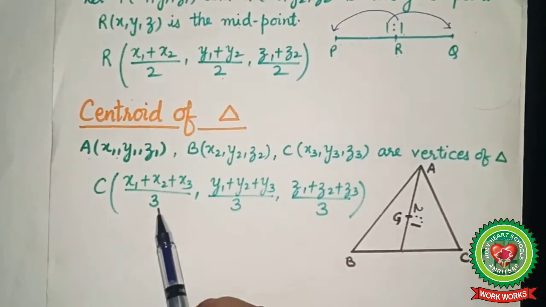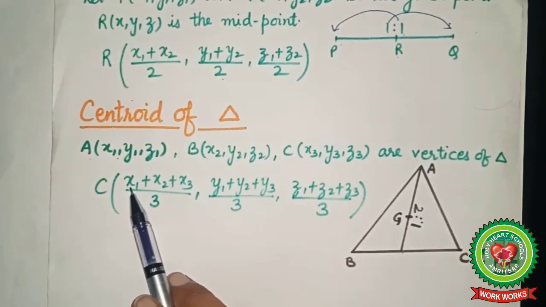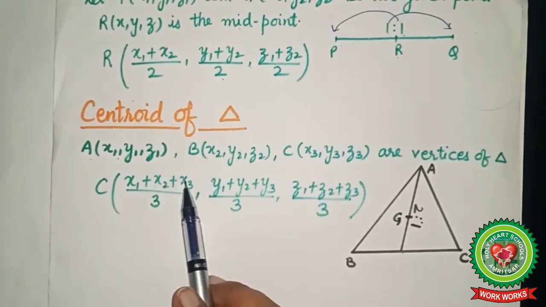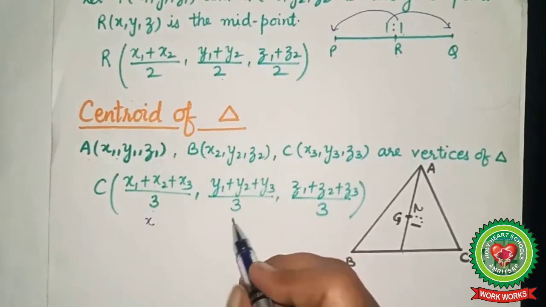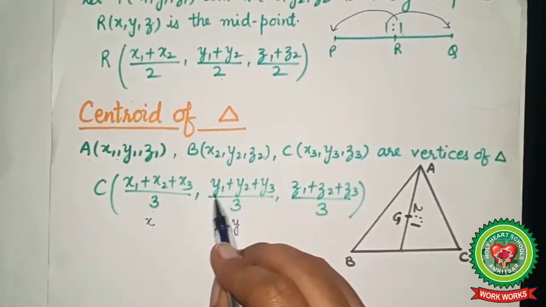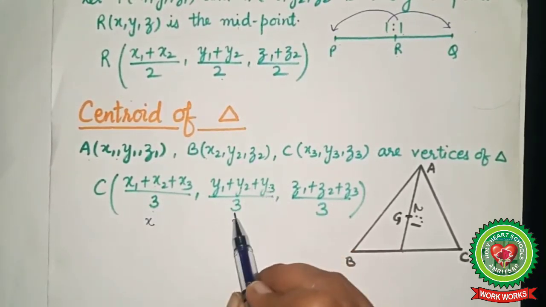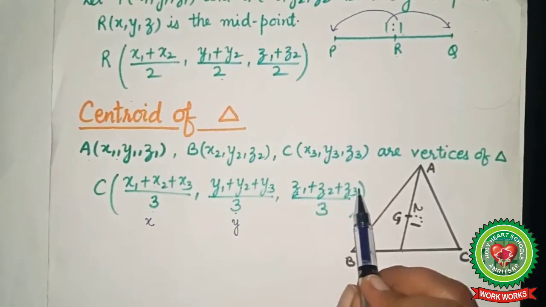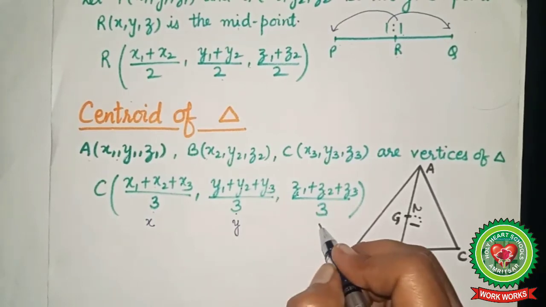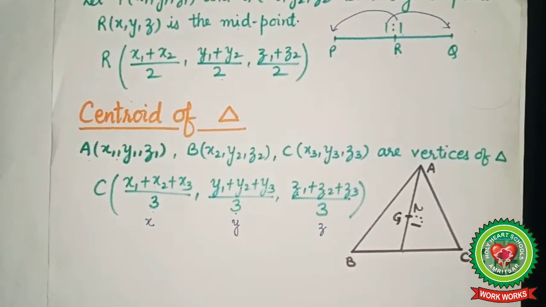So we will remember the direct formula: the x coordinate is (x1 plus x2 plus x3) divided by 3, the y coordinate is (y1 plus y2 plus y3) upon 3, and the z coordinate is (z1 plus z2 plus z3) upon 3. In this way, we can apply the formulas directly to find the centroid of a triangle.